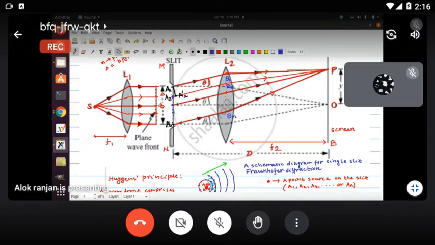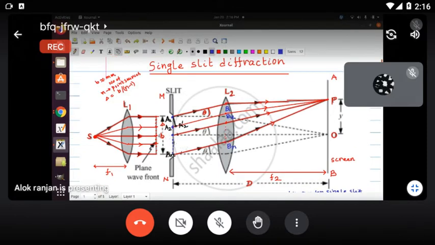Assuming n equally spaced point sources over the slit, again according to Huygens principle, the distance between any two consecutive point sources will be b over n minus 1. So delta will be b over n minus 1. This capital delta represents the separation between any two consecutive point sources.